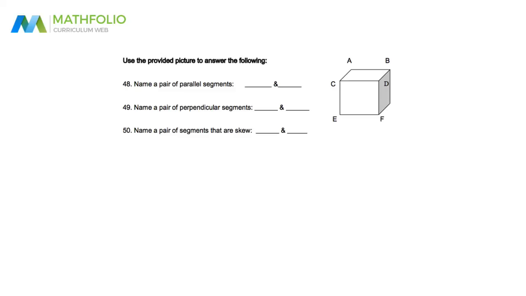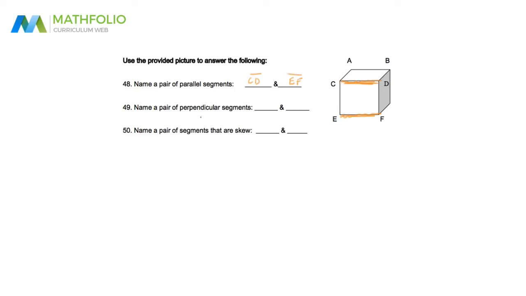Okay, getting to number 50 almost. Name a pair of parallel segments. Well, let's go for the easy ones. This on the top here and this, they look parallel, right? So let's say that segment CD and EF.